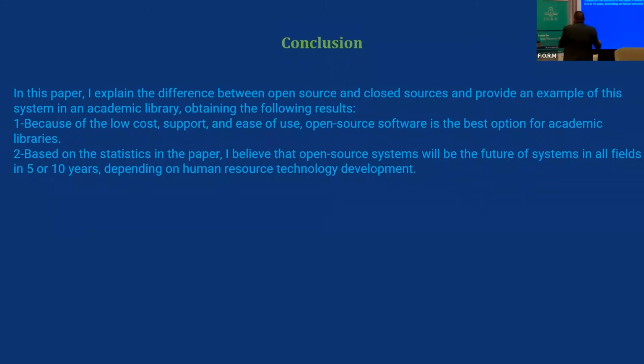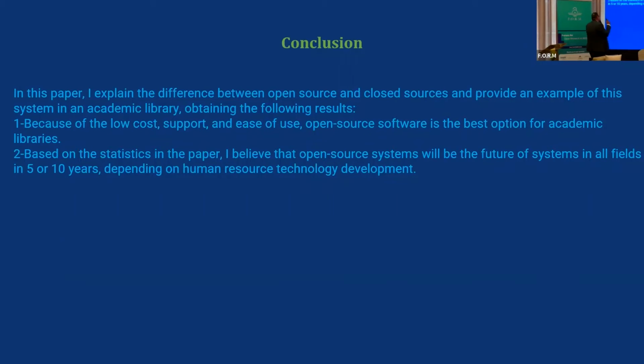For the final, in this paper, I found that open source systems, in the financial way or in support or anything, are the best way for the academic library.